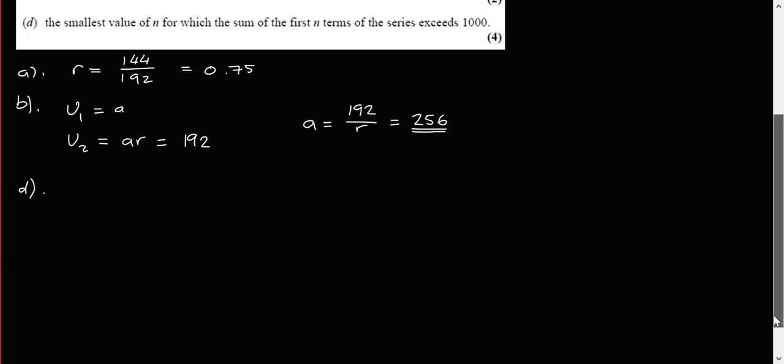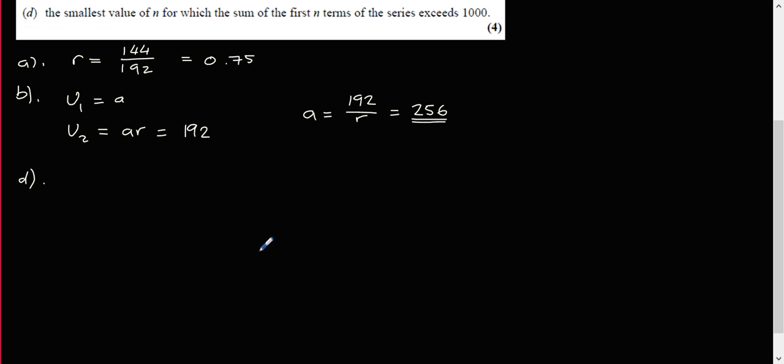So let's make a bit of space for this one, because its 4 marks kind of belies the complexity in a way of what we're going to need to do.